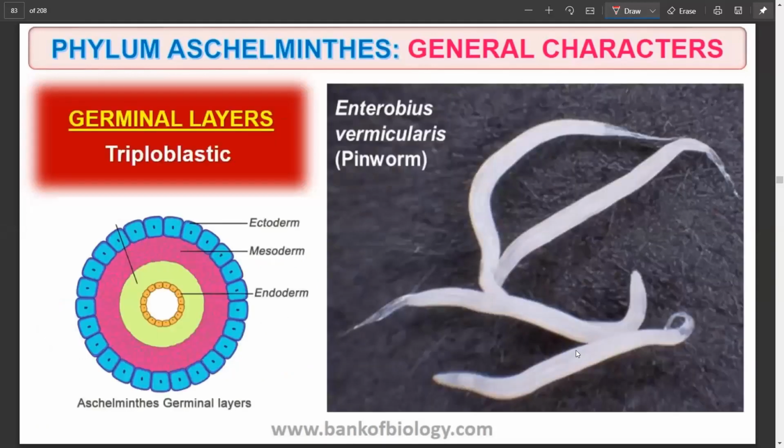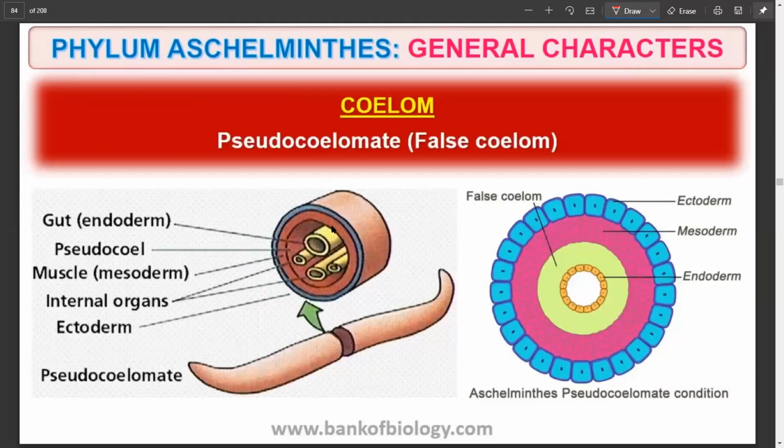They are basically parasites. Here the germinal layers are triploblastic, that is, we have ectoderm, endoderm, and mesoderm. Now, instead of having a coelomate or acoelomate structure, the coelom condition here is pseudocoelom. Pseudocoelom means the false coelom.